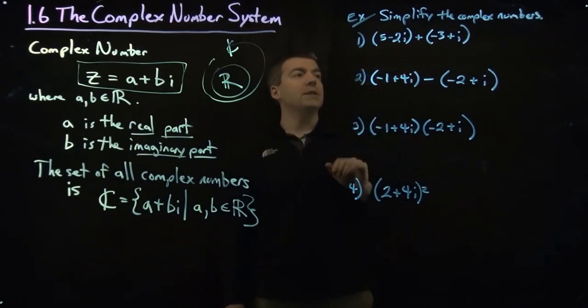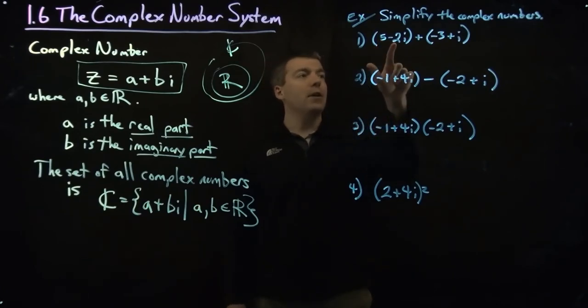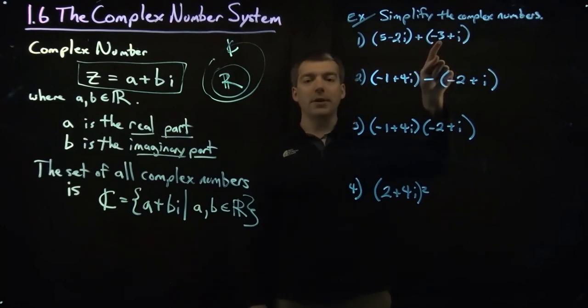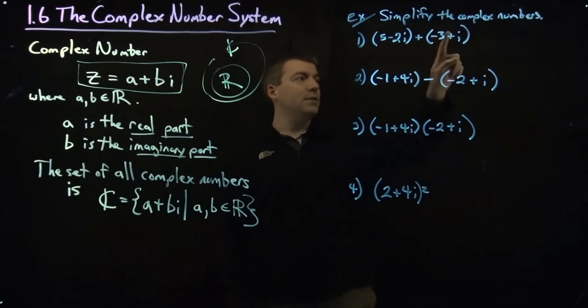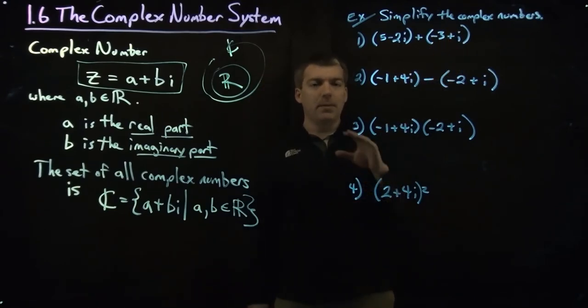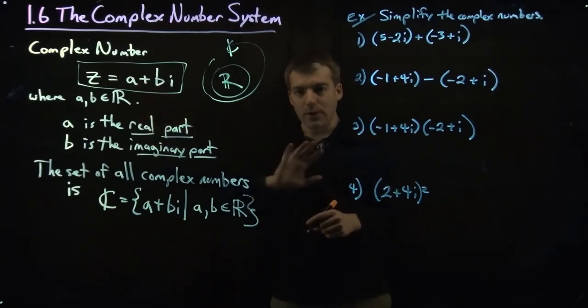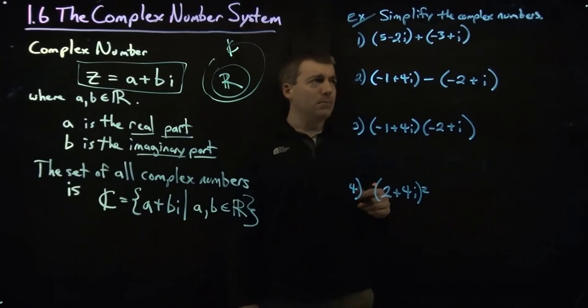So this first complex number, the real part is 5, and the imaginary part is -2. For the second complex number, the real part is -3, and the imaginary part is 1. Right? So there's a 1 times i there. It would not be 0, because 0 times i would be 0. That would give us just a number that's simply real and does not have any imaginary part.